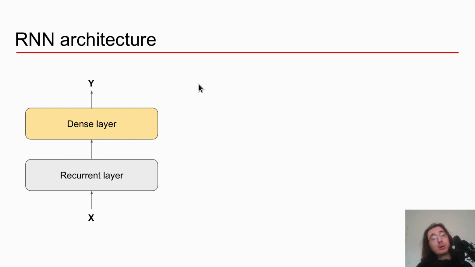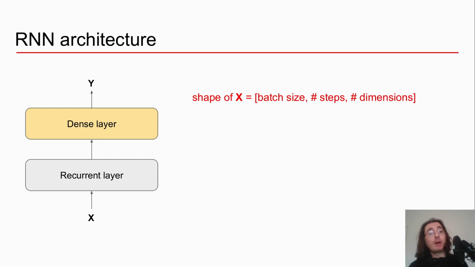Okay, so now a thing that I want to look into here is the dimensionality of the input, so the shape of X. In this case, we have a 3-dimensional input. The first dimension is the batch size, so it's the number of samples of time windows that we are passing into the network at once. The second dimension is given by the number of steps that we have in the sequence.